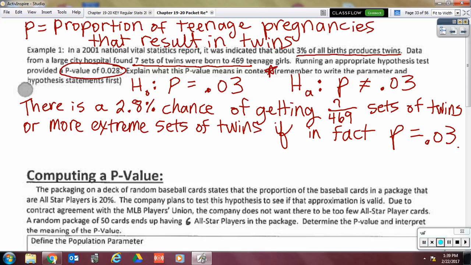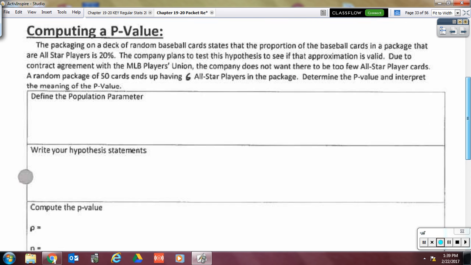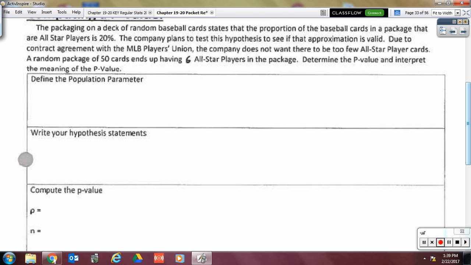Okay, so let's practice that again. What we're doing is adding that to what you have already done in the past. So here we go. Here's this problem. The packaging on a deck of random baseball cards states that the proportion of baseball cards in a package that are all-star players is 20%.